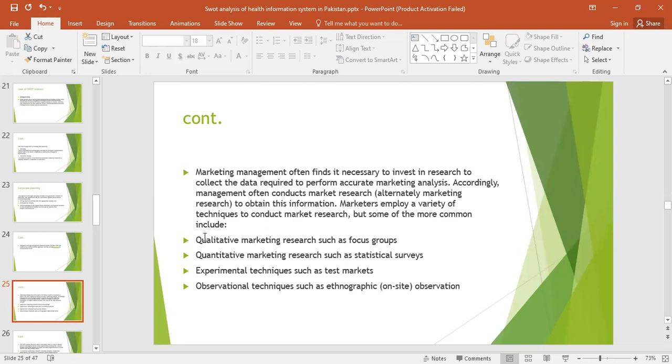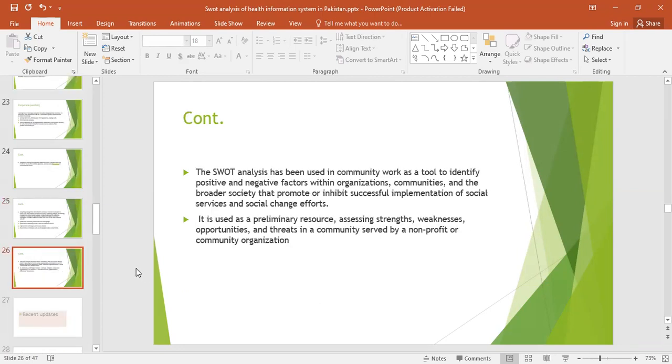Some common examples are qualitative marketing research such as focus groups, quantitative marketing research such as statistical surveys, experimental techniques such as test markets, and observational techniques such as ethnographic on-site observation.